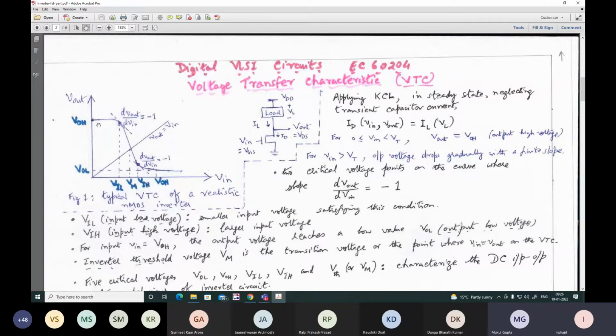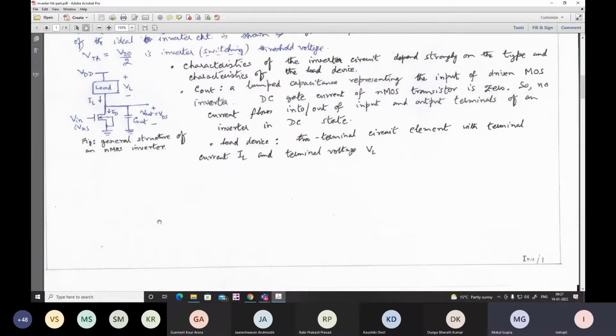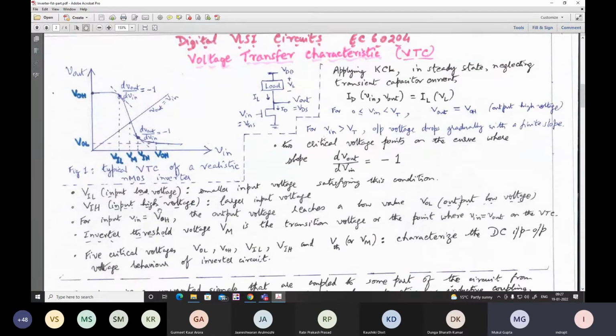And what are VOH and VOL? VOH is the typical output voltage when the driver enhancement transistor is off, in cutoff. And VOL is the output voltage corresponding to the case when an input voltage of amount VOH is applied across the gate to source of the driver transistor. VIL is the typical input lower voltage satisfying the condition that the slope equals -1.